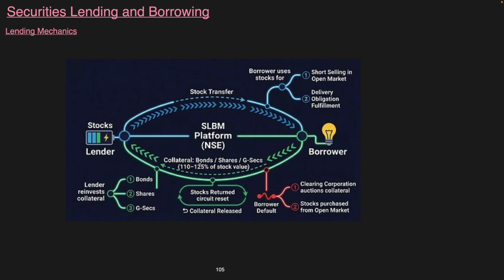What do they do? Whatever bonds, shares or G-SECs have been pledged, they are going to auction, and that money will be given back to the lender. In the meantime, what can the lender do? The lender, when he has received these bonds or shares or G-SECs, will invest them for a very small period of time, and he will generate some interest out of it. So this is the whole process of the securities lending and borrowing mechanism.